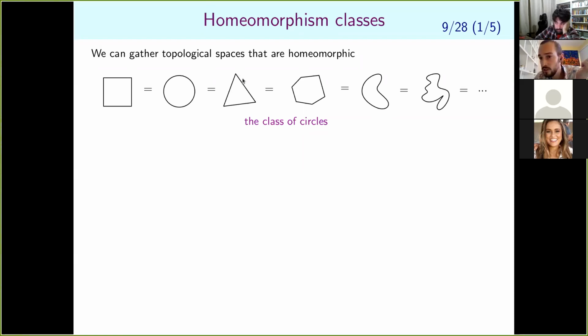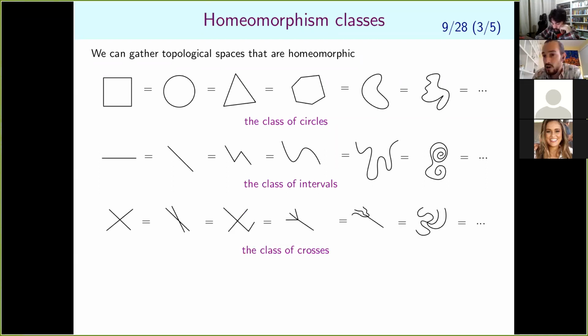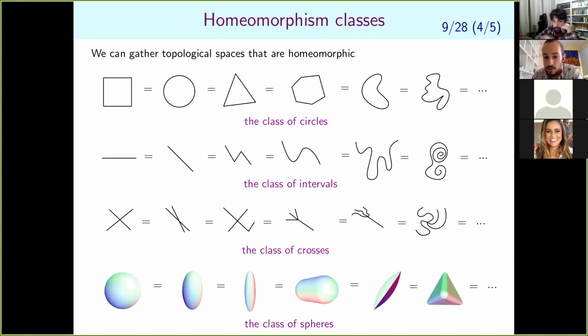You can easily define a homeomorphism between the two. It is also homeomorphic to any polygon and any wonky circle, right? So this class for us will simply be the circles. The circle is not homeomorphic to the interval, so we have another class, the class of intervals, right? The class of crosses, etc. The class of spheres. I mean, there are infinitely many classes.